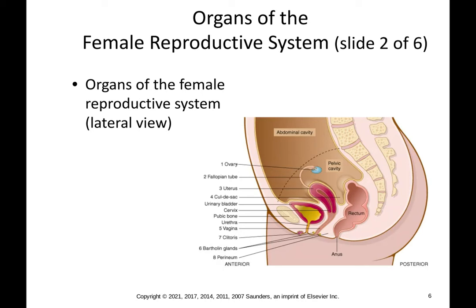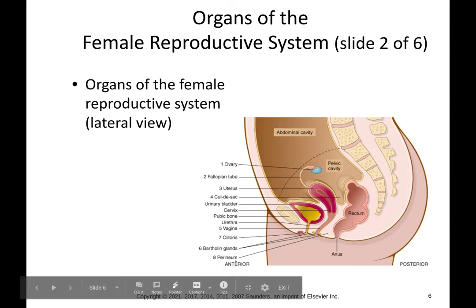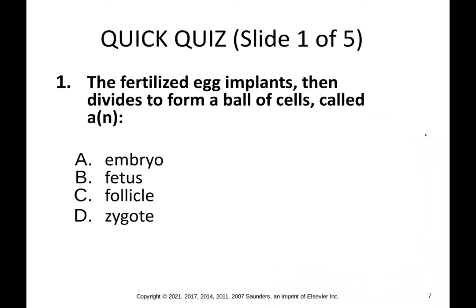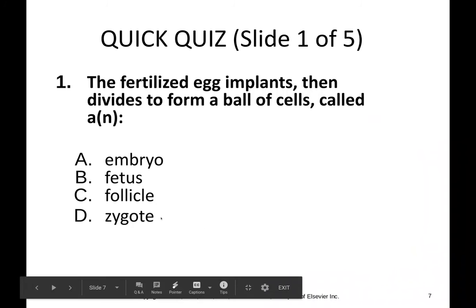Okay, so that was all kind of in order from top to bottom, looking at a lateral view. Okay, who remembers when the fertilized egg implants and then divides to form a ball of cells? What is that called? That is the zygote, right?